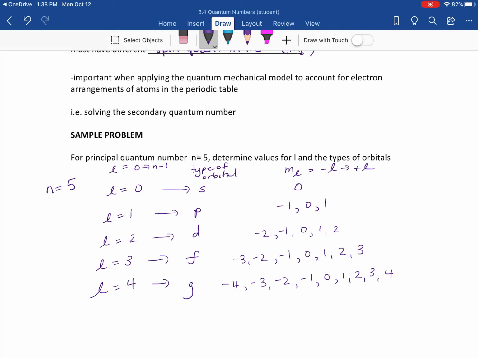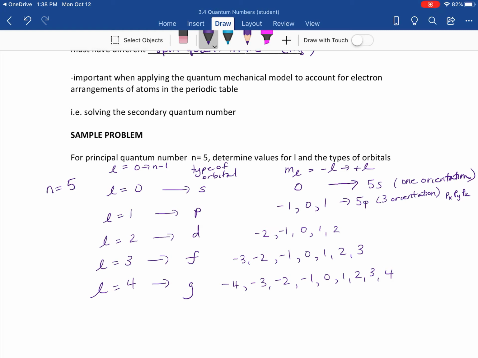That means when we're talking about this particular region, this is 5s. It has one orientation, because S is a sphere, and there's only one orientation for a sphere. Now, when I'm talking about 5p, that's 3 orientations because P is Px, Py, Pz.